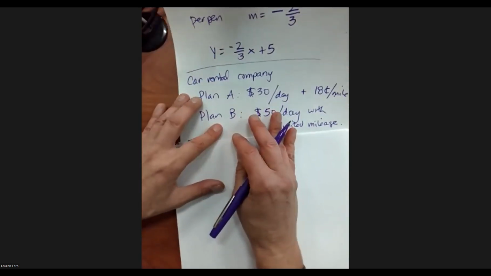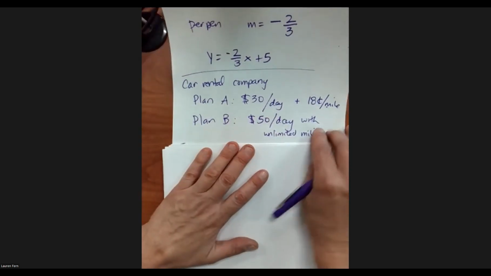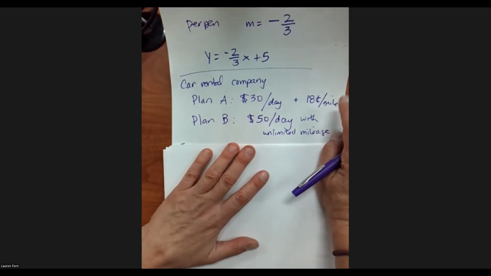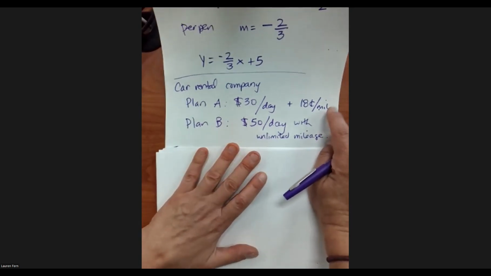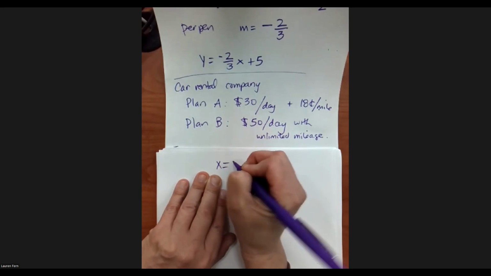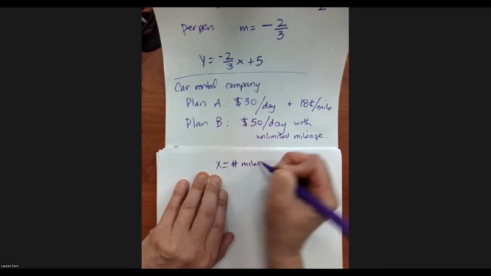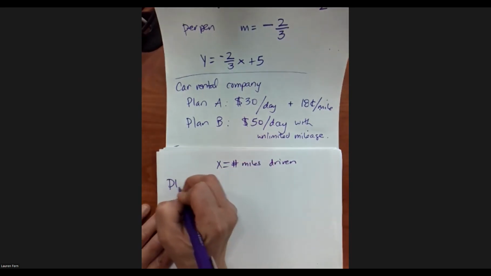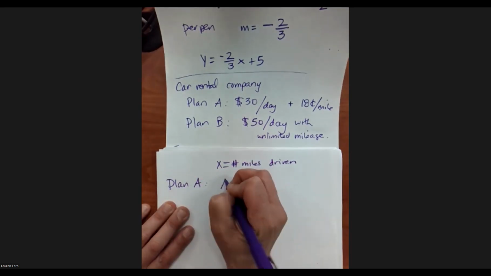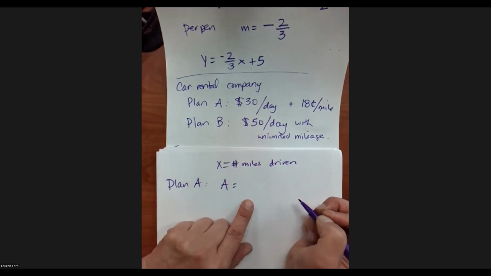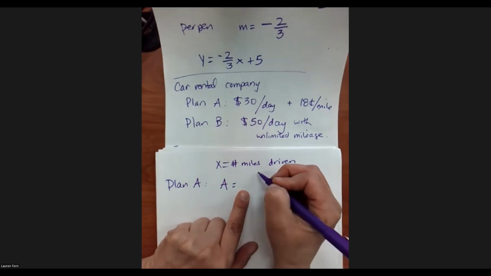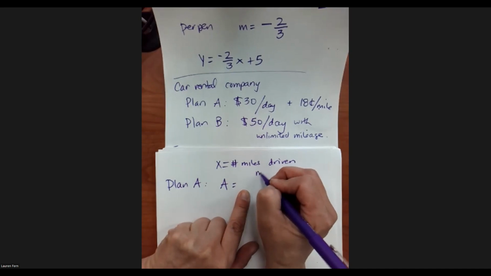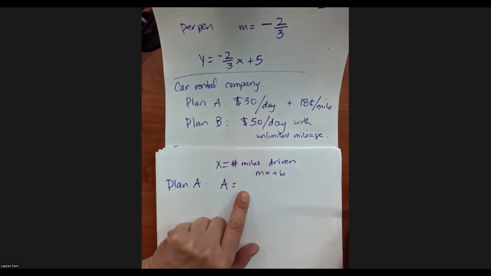I'm going to say, do you agree that at least in plan A, our cost is going to depend upon how many miles we drive? Okay, so I'm going to let X represent the number of miles driven. So plan A. Well, again, this is going to be a linear function, mx plus b.